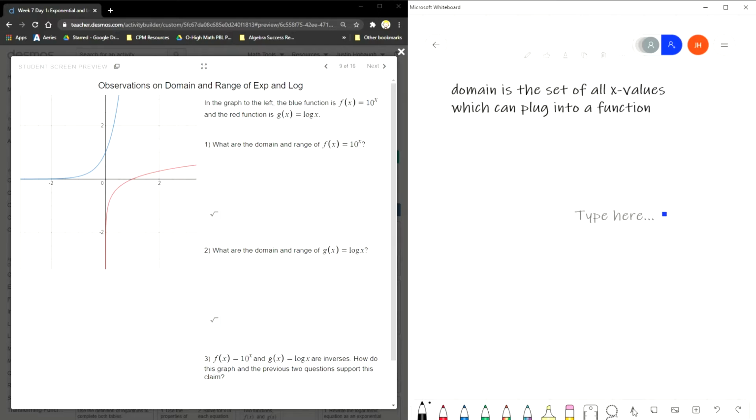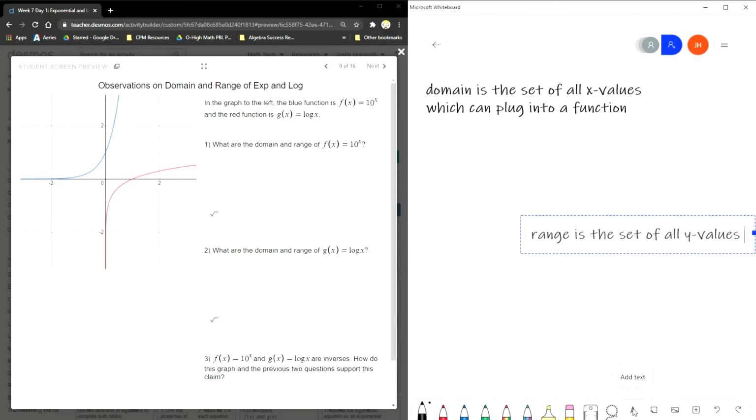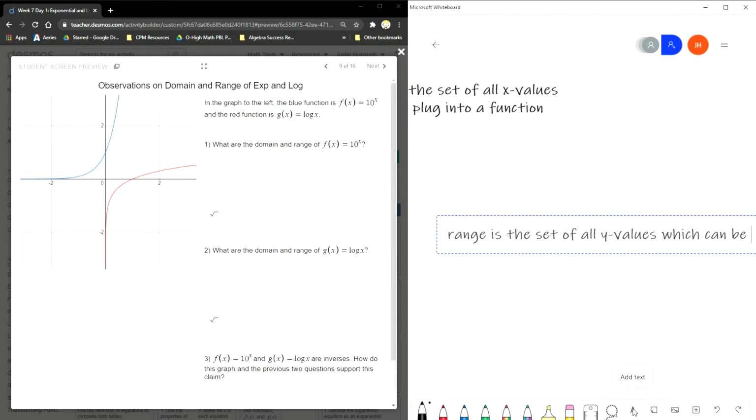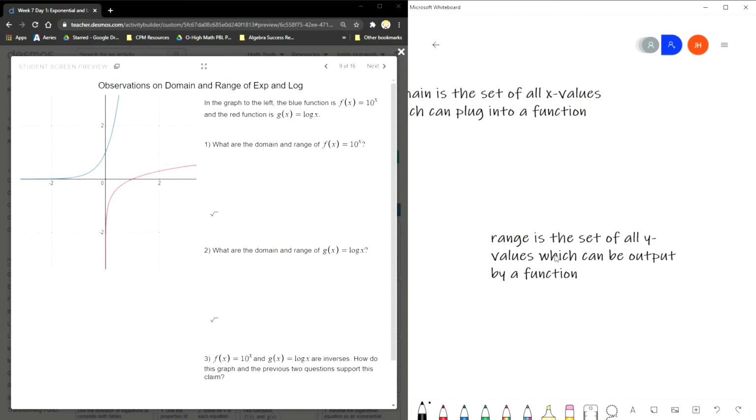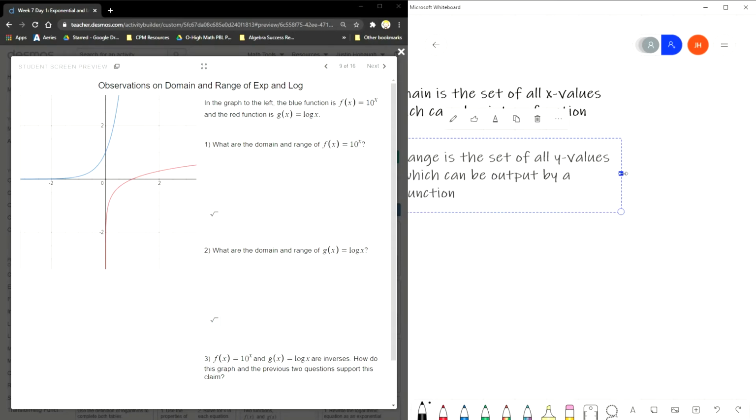Now, the range is the set of all y values which can be output by a function. All right, so that's kind of the general gist of these two things.